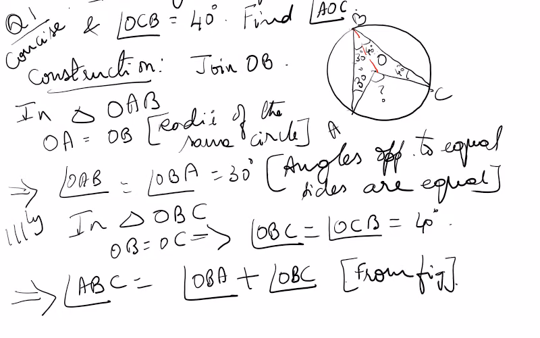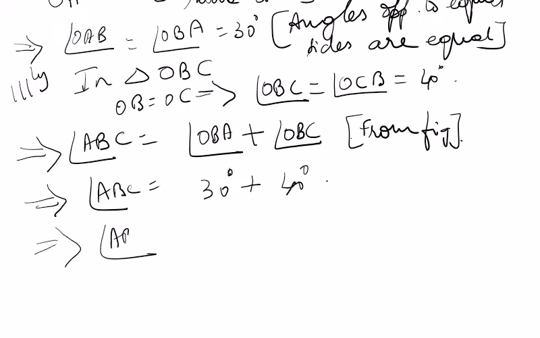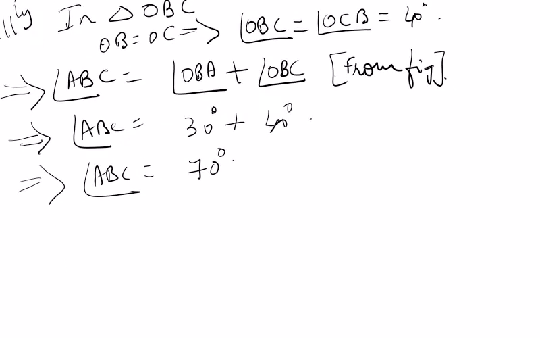So this implies angle ABC, OBA is 30 degrees plus OBC is 40 degrees, implies angle ABC is equal to 70 degrees.